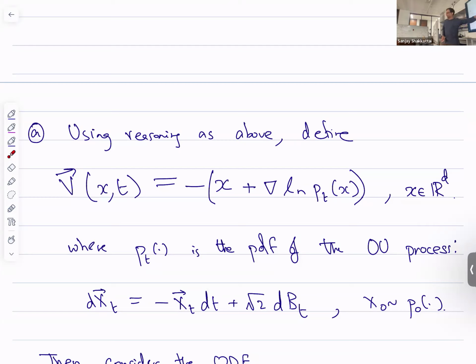In fact, at every point in time as well, what is the ODE that will magically give me exactly the same distribution? And this is it. The reason this works is because del squared by del x squared of p equals del of grad log p times p. It follows from this equivalence.